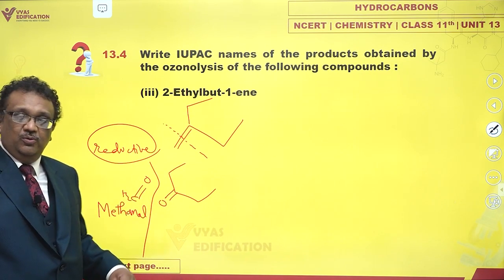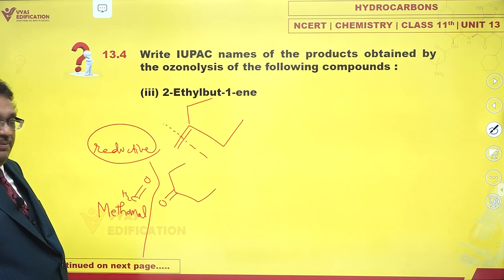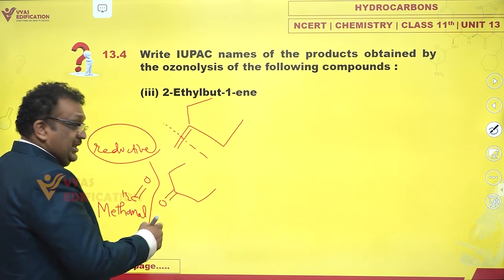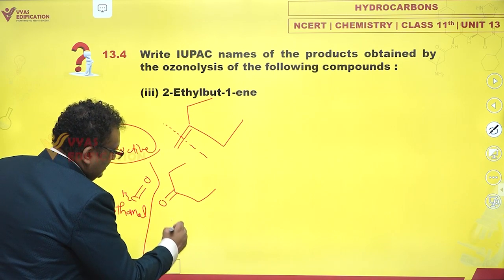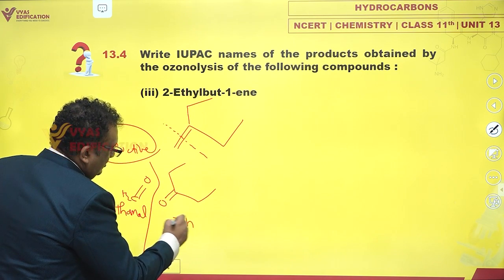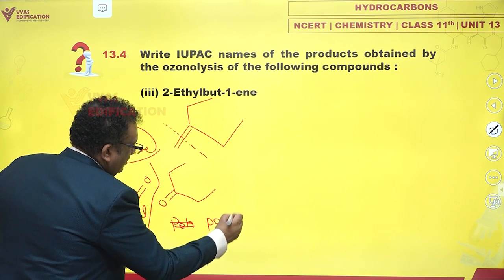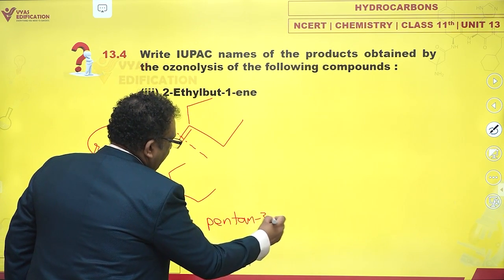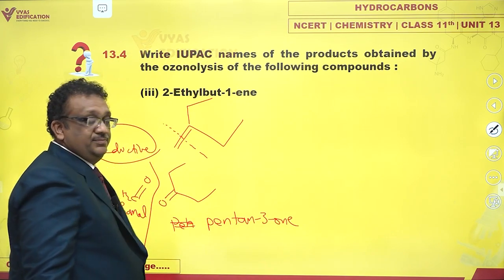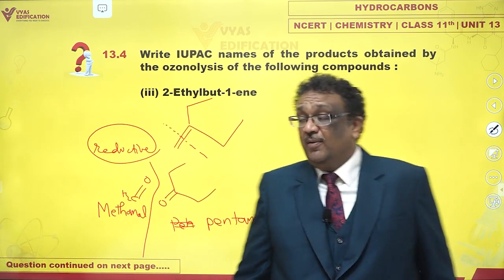This is CH2 double bond O, and this is an aldehyde, of course. And this is 3-pentanone. Okay. And what about oxidative?